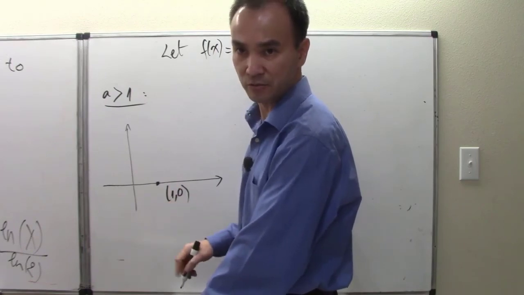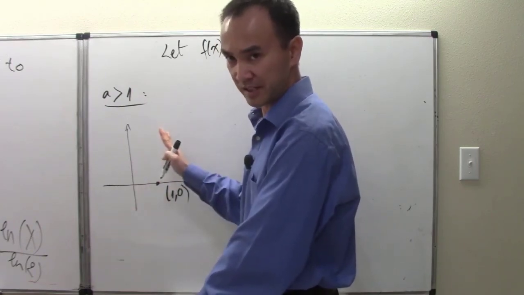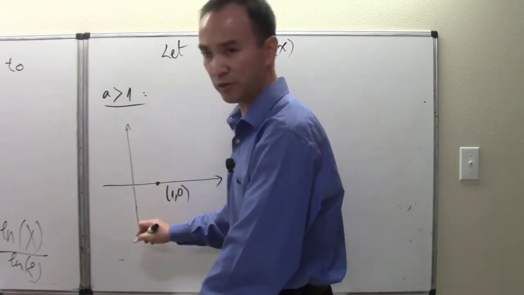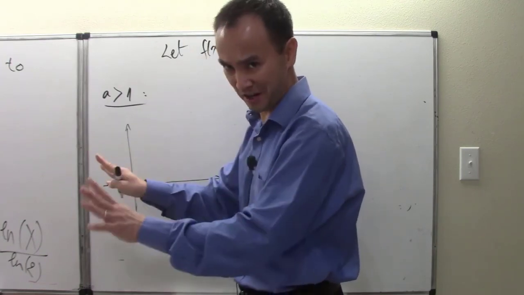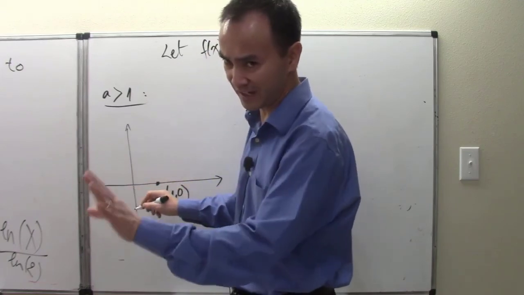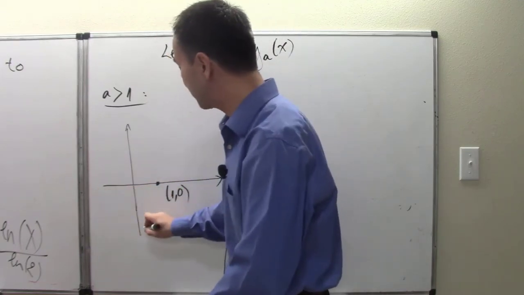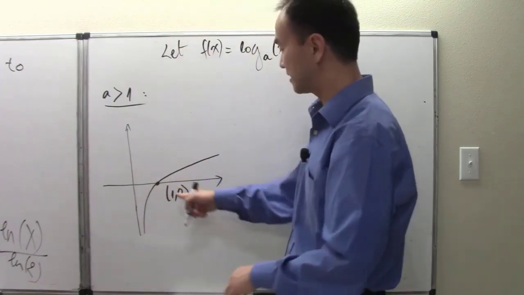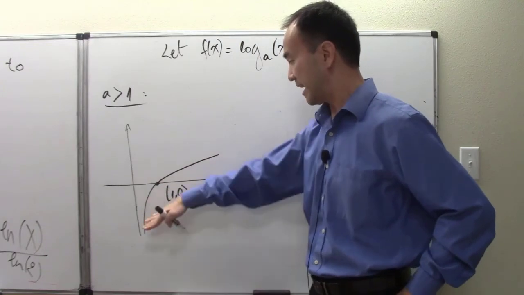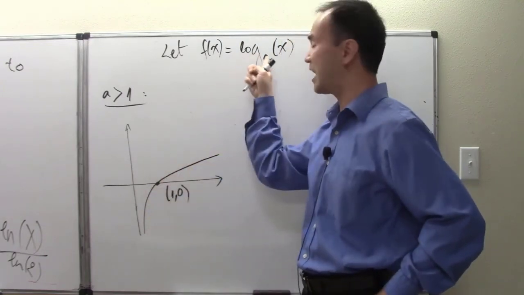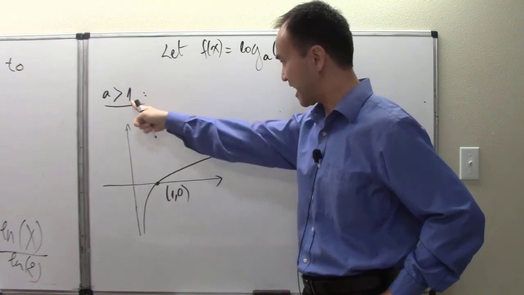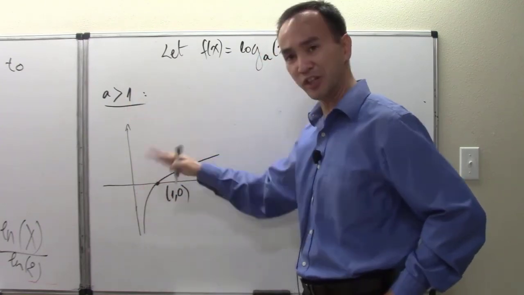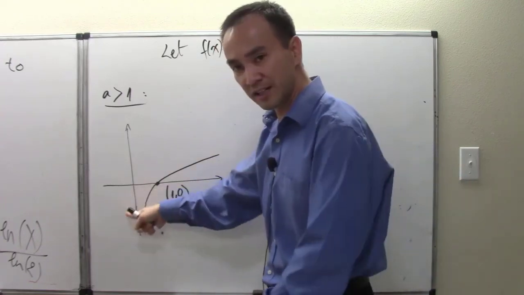No doubt about that. We've seen it through 6 examples. And the shape of the graph is now quite permanent in my mind: a rising shape, making a turn, and then going through that x-intercept. How sharp that turn is depends on how high a is. As the base gets higher, the turn becomes sharper and sharper. That's all. And it's asymptotic to the y-axis.